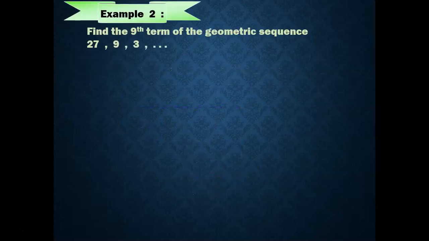Moving on to the second example: find the ninth term of the geometric sequence 27, 9, and 3. The first thing that you have to look for with a geometric sequence is a, which is the first term, already given here as 27, and r, which is the common ratio. r is equal to the second term divided by the first term, or the third term divided by the second term.